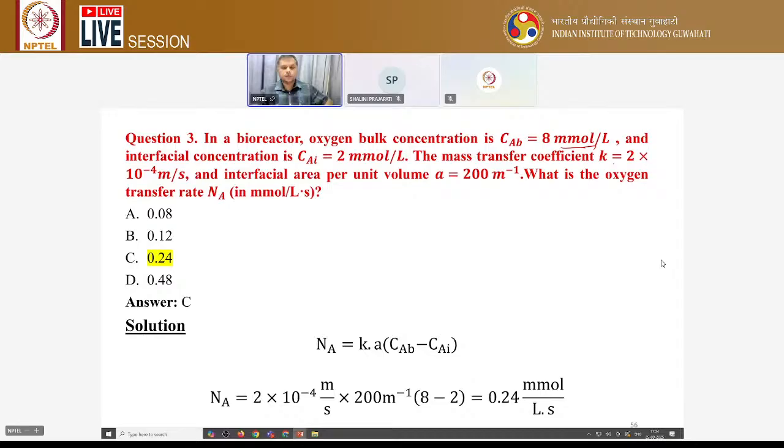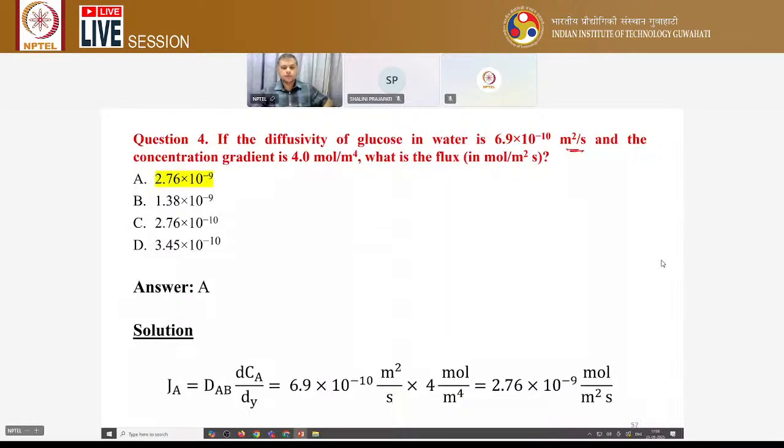Next question is, if the diffusivity of glucose in water is 6.9 times 10 to the power minus 10 meter square per second, and the concentration gradient is 4 mole per meter cube, what is the flux?